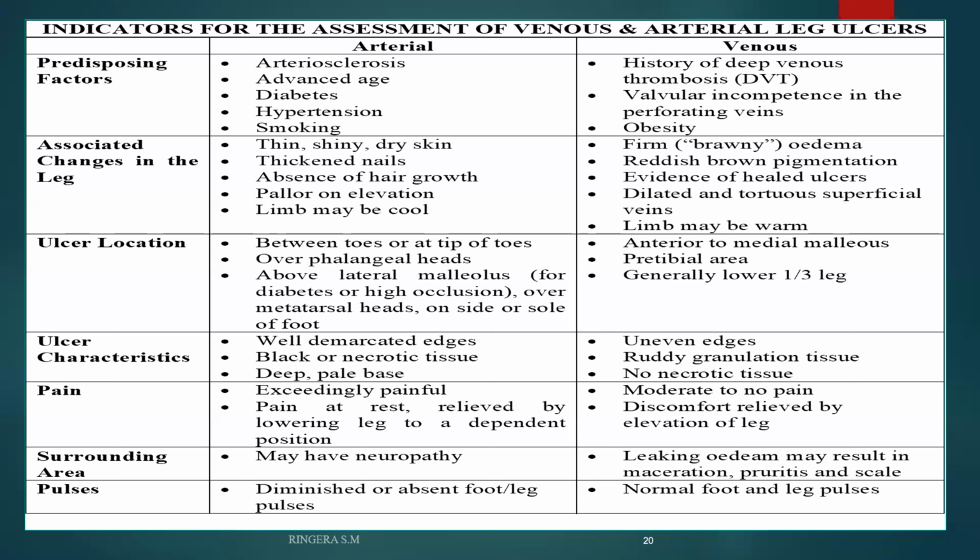But the patient who comes with a venous ulcer will not have well demarcated edges. You will find very uneven edges. Sometimes it is very difficult to tell where the edge of the wound is for this kind of patient. Usually they may have very good granulation, which is not healing. It is very hard to observe any necrotic or slough tissue, unless the patient has come to you with a very heavy infection.